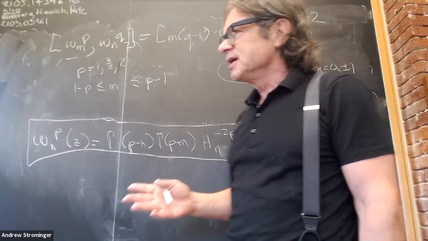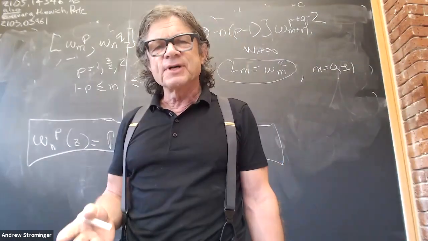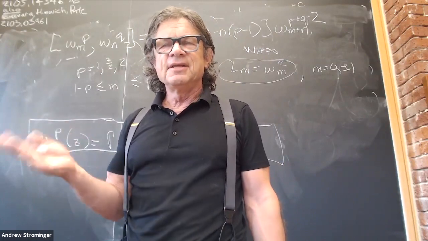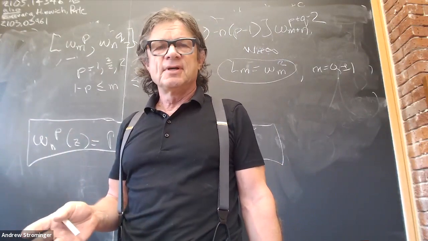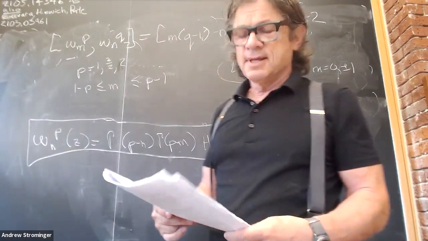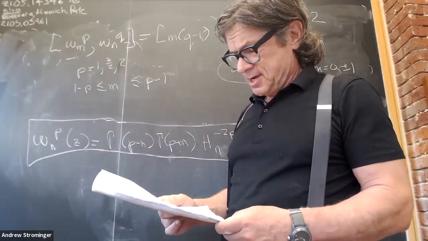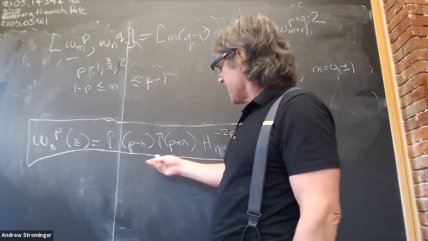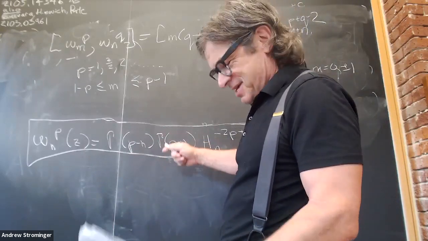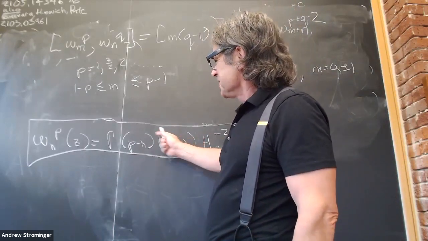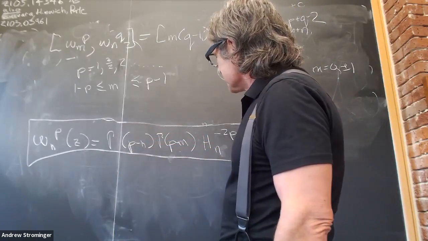And that's essentially equivalent to going to the half, or the ambidextrous, twistor formulation.